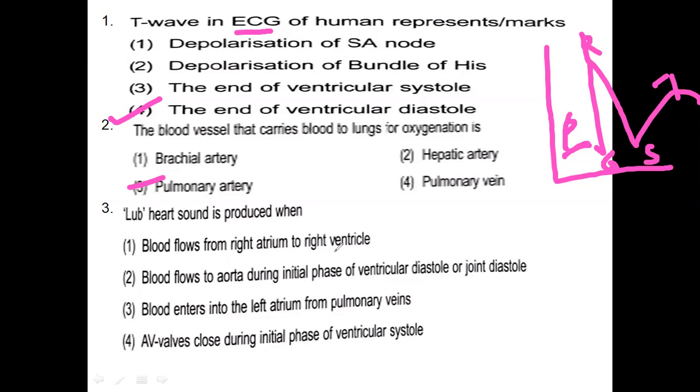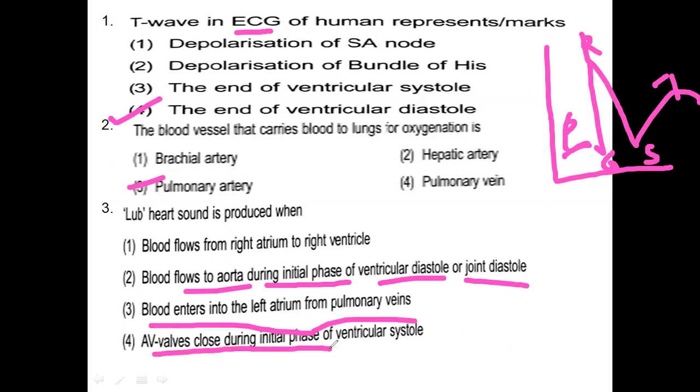Okay, blood flows from right atrium to right ventricle. Blood flows from aorta during initial phase of ventricular diastole or joint diastole. Blood enters into left atrium from pulmonary veins. AV valve closes during initial phase of ventricular systole.